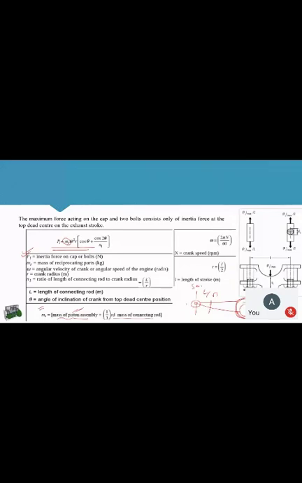That is why it is taken as 1/3 mass of the connecting rod. This way, I am able to find out the inertia force.